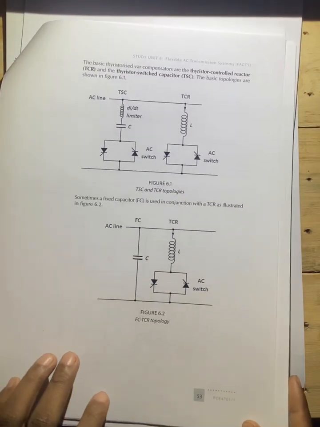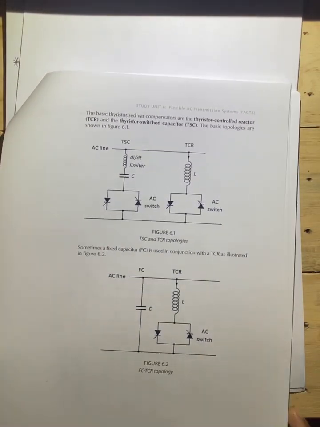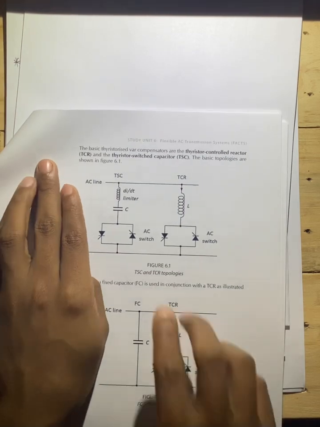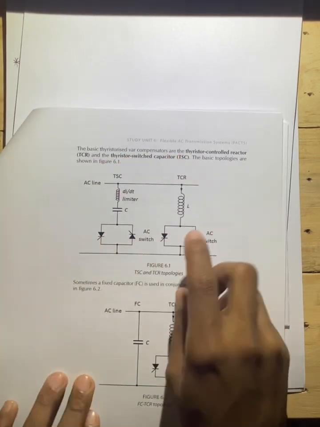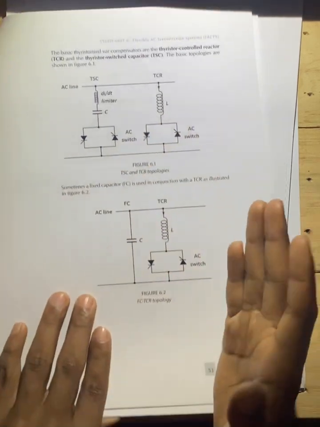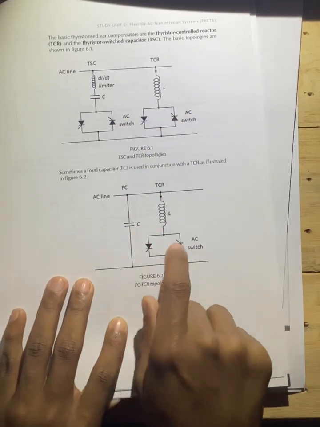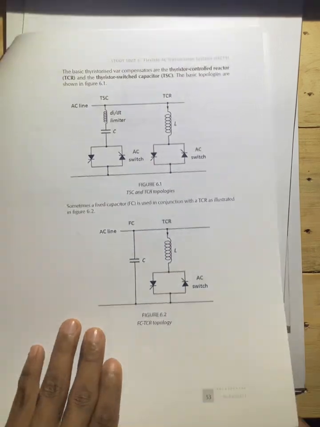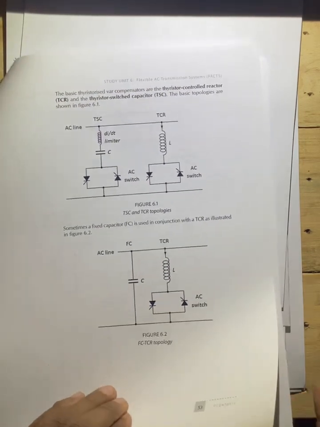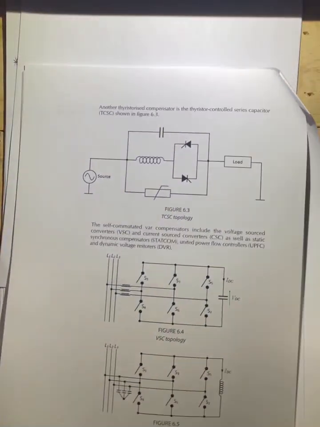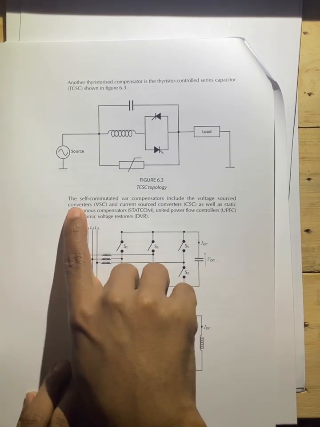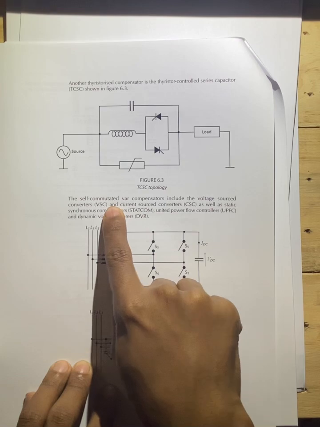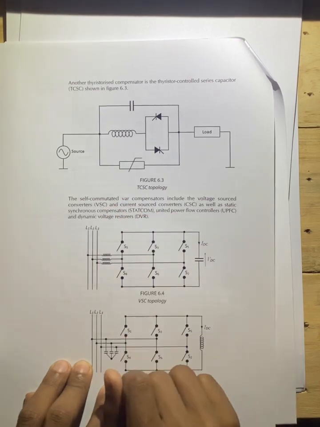That's why we say VAR. It's actually volt ampere reactive. The basic thyristorized VAR compensator, and over here you have two, but as you continue you'll notice there's also a case where you have your TCR in conjunction with a fixed capacitor. And then that's how we end up here, where we now can talk about the self-commutated VAR compensator.